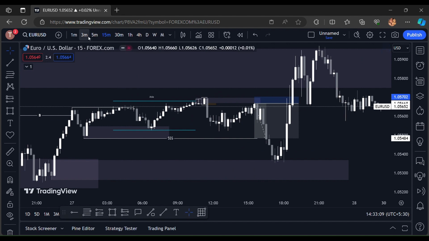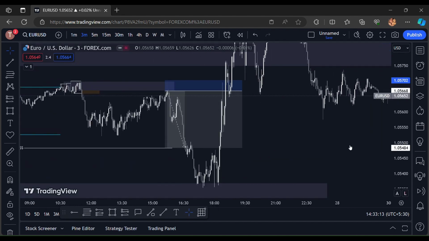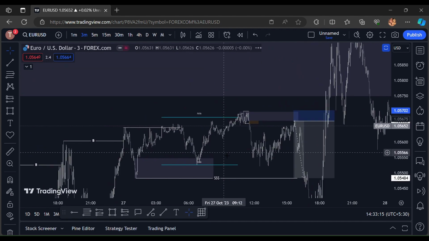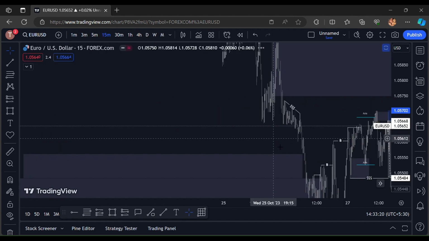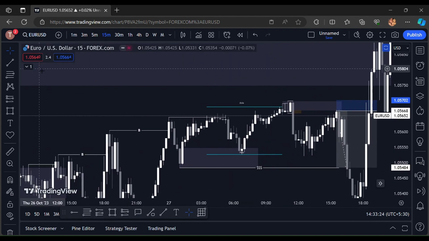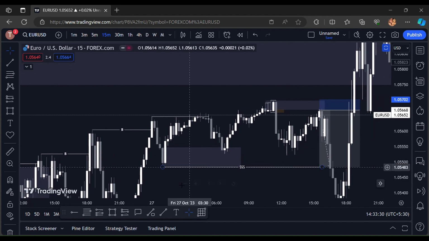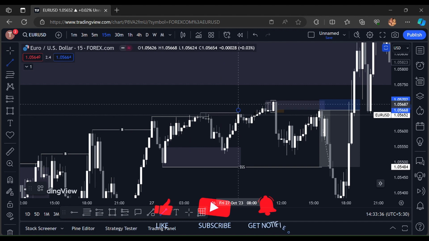What made me take a direct entry over here was this zone, where the price had only one order flow left into the 15 minutes. I'll be removing the Asia sessions indicator over here. Now you can see how clearly it is showing that it's not going to go above.